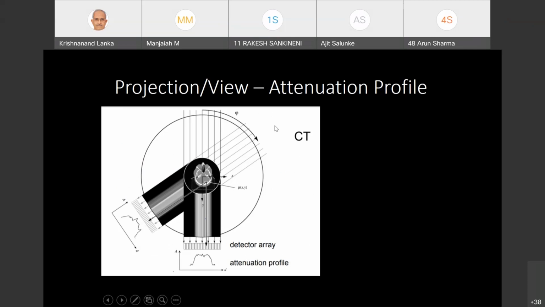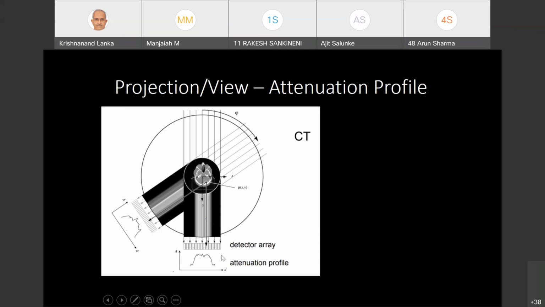You are trying to take a slice of the human skull, so you are passing a series of X-rays, and it is penetrating through the skull, and it is getting detected by an array of detectors. Depending on how that particular ray has passed through, either through blood or bone or brain tissue, it correspondingly gets attenuated, and you get this.